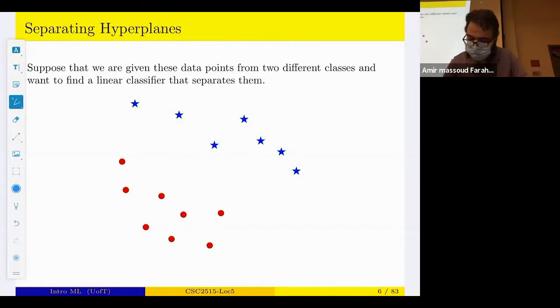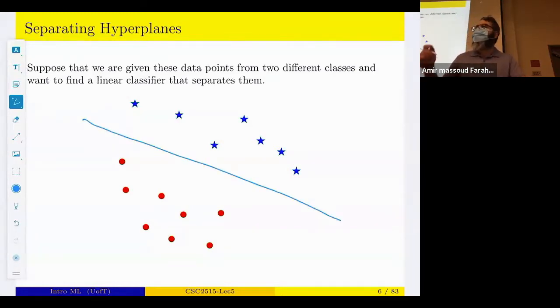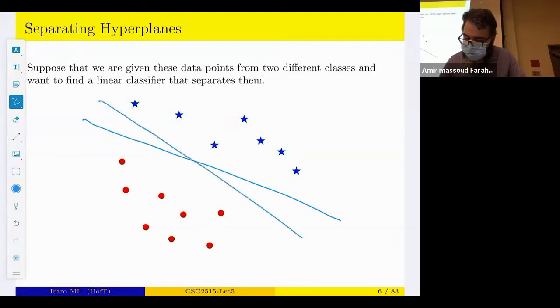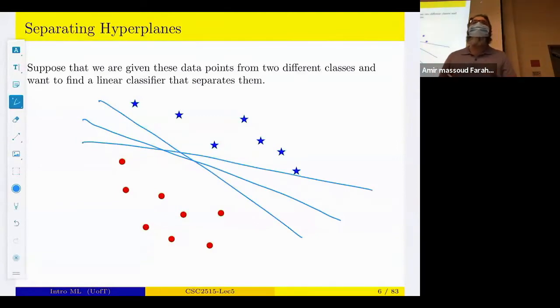Maybe I just start with one of them. Okay, someone said infinity, right? Yes, exactly. We can find infinitely many different lines, and all of them can separate this data.